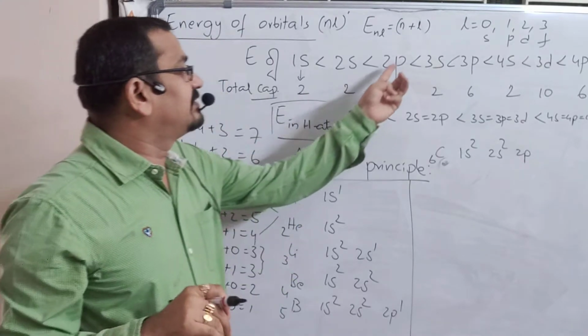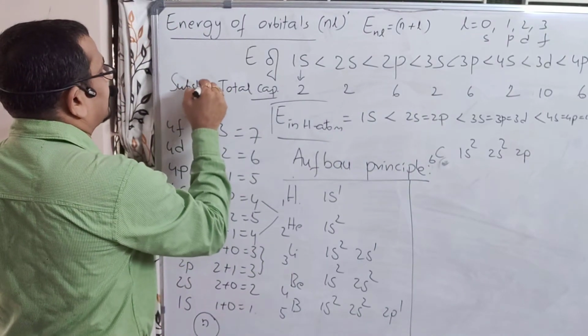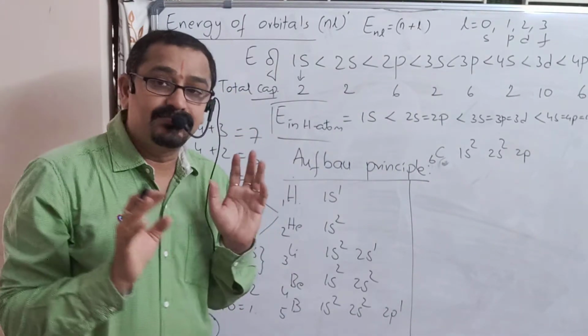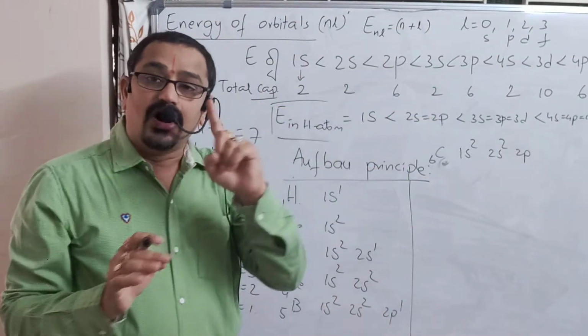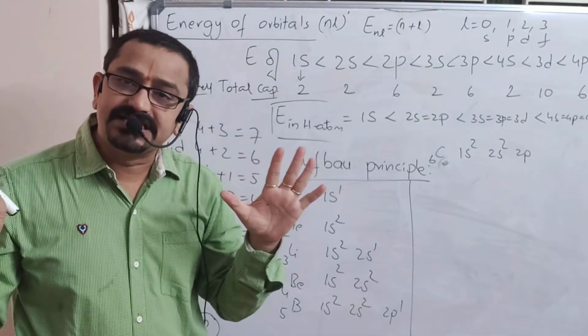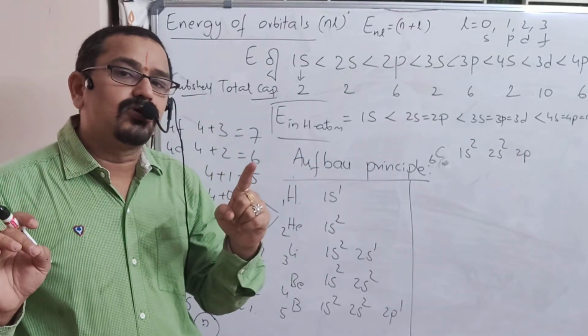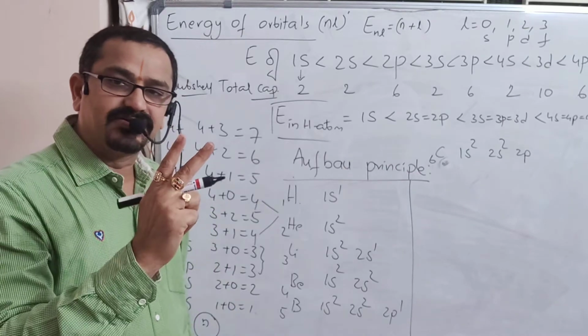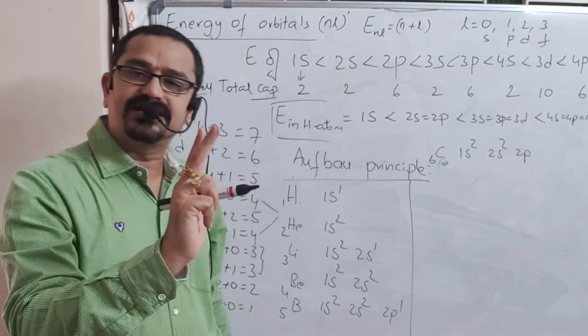I am repeating the line: whatever the orbital, irrespective of its name, one single orbital can be accommodated with how many electrons? 2 electrons. There is no change in that. One orbital can always be accommodated with 2 electrons only.